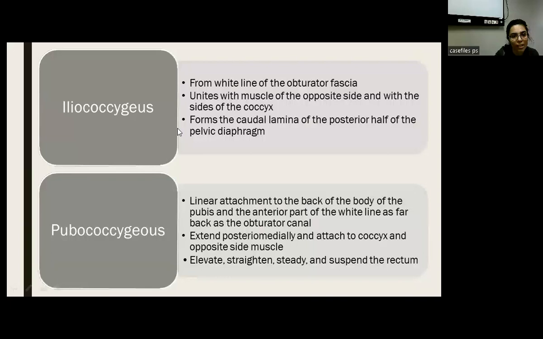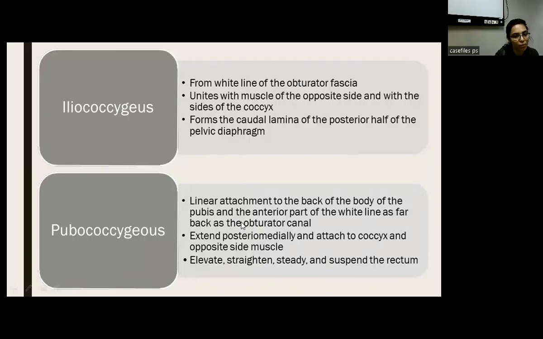Then the levator ani is mainly formed by three muscles. First is the iliococcygeus, which arises from the white line of the obturator fascia, goes downward, unites with the muscle of the opposite side, and is attached to the coccyx, forming the caudal lamina of the posterior half of the pelvic diaphragm. Second is the pubococcygeus, which arises from a linear attachment to the back of the pubis and the anterior part of the white line through the obturator canal.